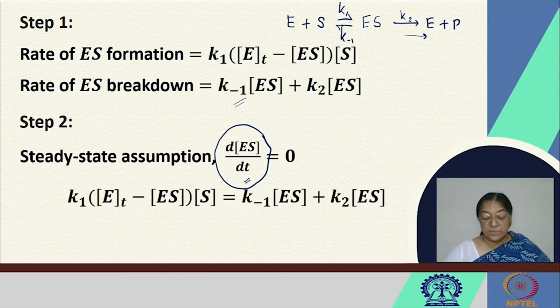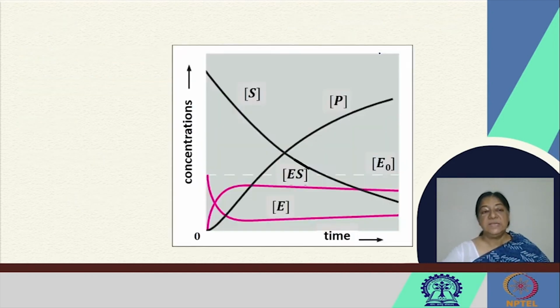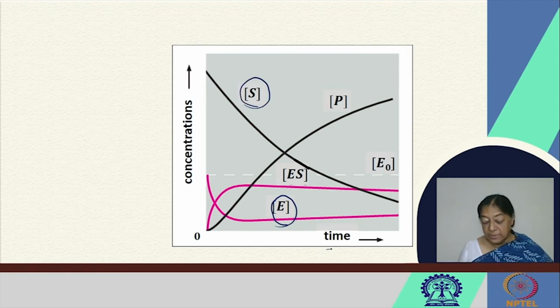So we can equate the rate of ES formation to the rate of ES breakdown, and this leads us to a formulation that we can consider in a graphical representation like this, where we have our enzyme concentration and our substrate concentration, both of which decrease with time. Our time is on the x-axis and the concentrations of the different species in solution are given as these different lines.